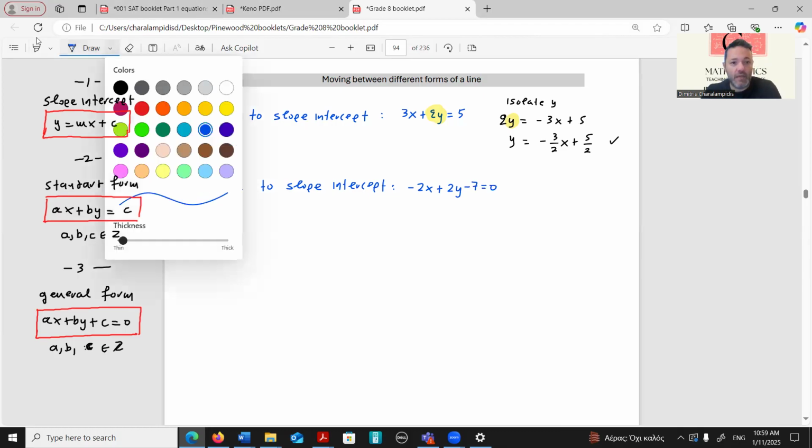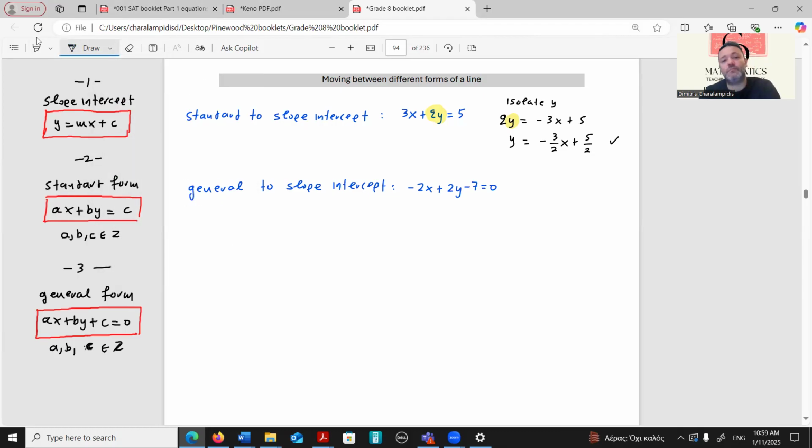Once again, in order to get the slope-intercept form, I should isolate y. As always, if I cannot isolate y directly, I will begin by isolating the term that contains it. So I'm going to try first to isolate 2y.